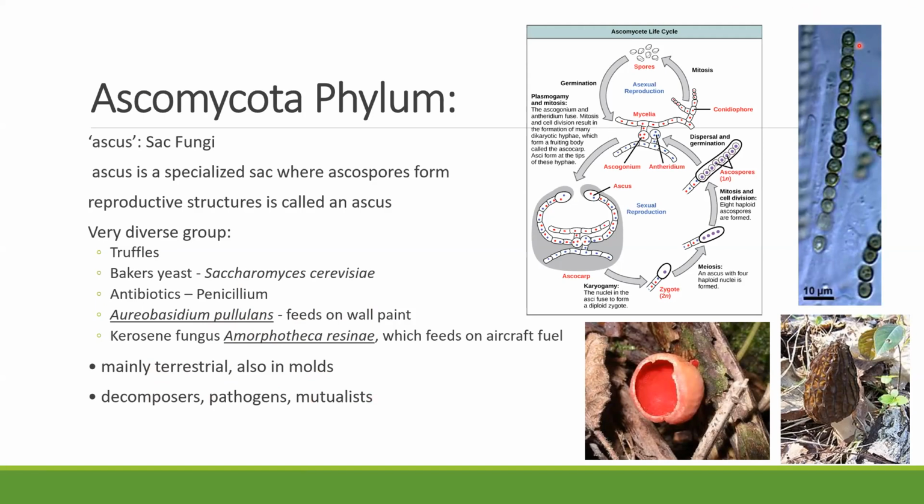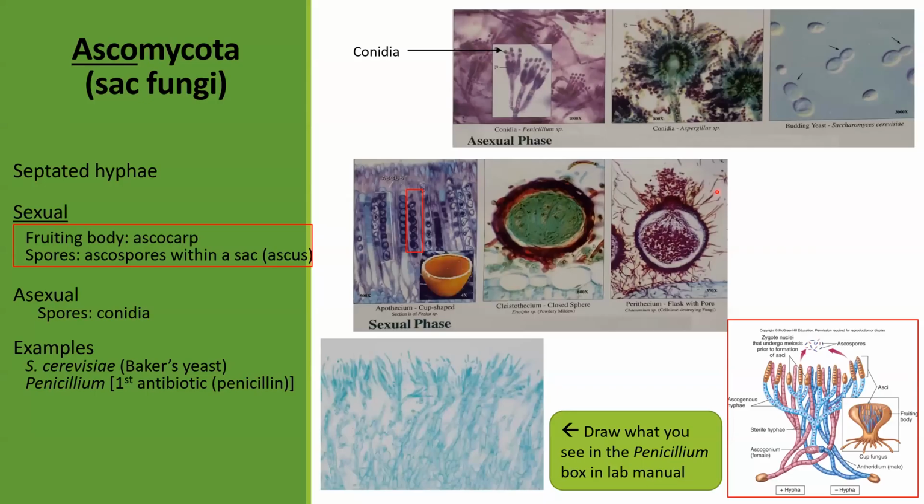So here you see the ascus shown here and the ascospores inside. And that is also shown here for you. Here's some more information on them. And in your lab manual, you would draw penicillium.